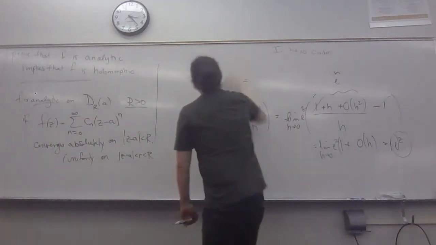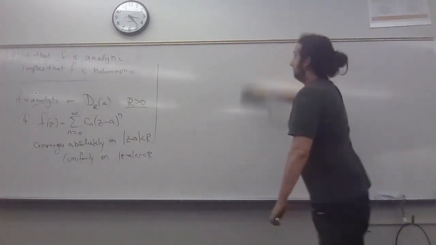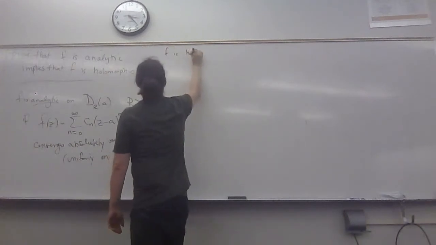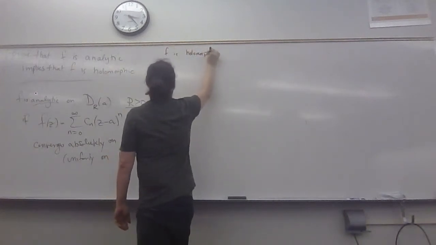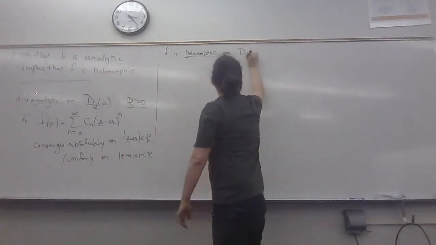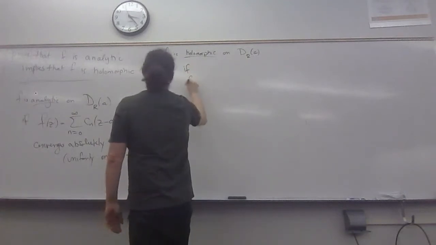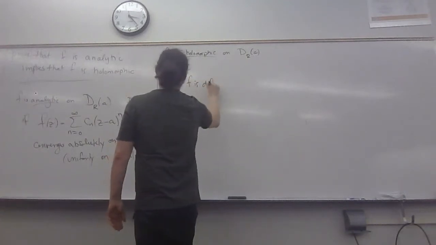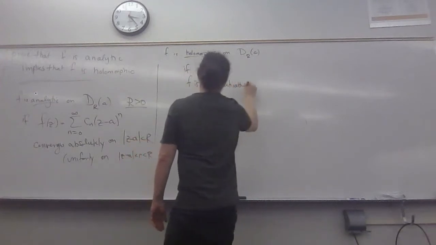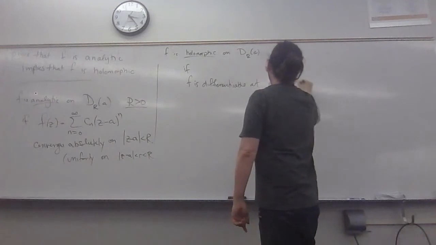Okay, what does it mean for f to be holomorphic? F is holomorphic on, let's say the same set, the disk of radius r centered at a, if f is differentiable at all z contained inside that disk.